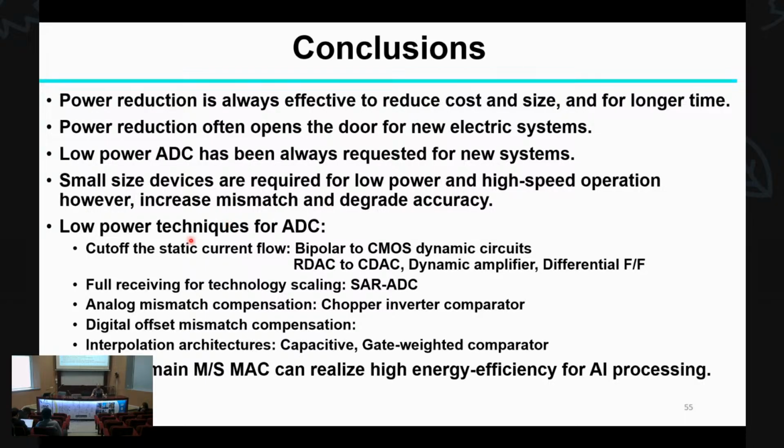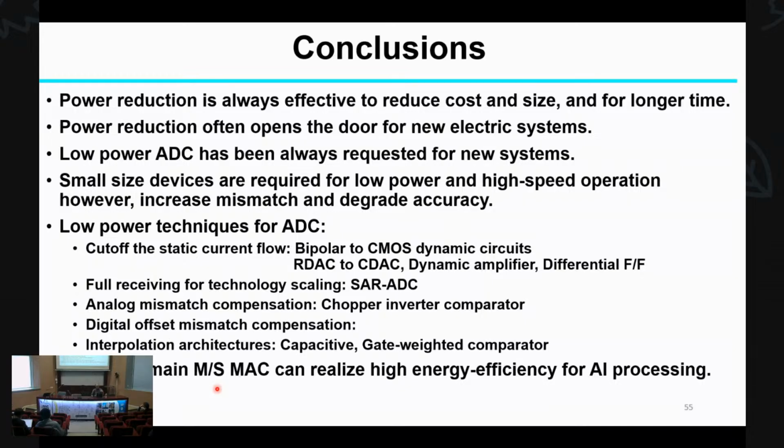So we use cutoff of static current flow, full receiving of technology scaling, mismatch utilization, and interpolation architecture. And lastly, important is how to apply these methods to the computer.